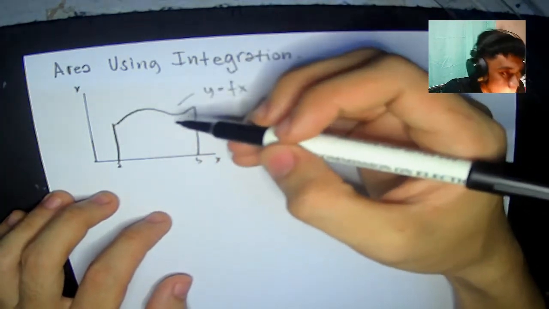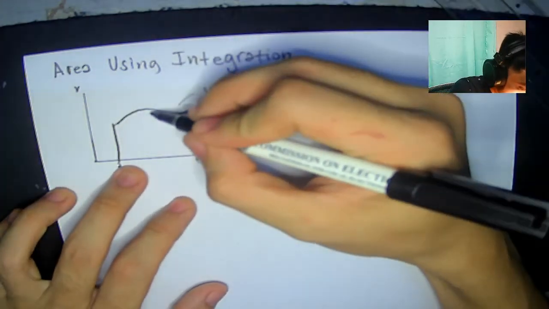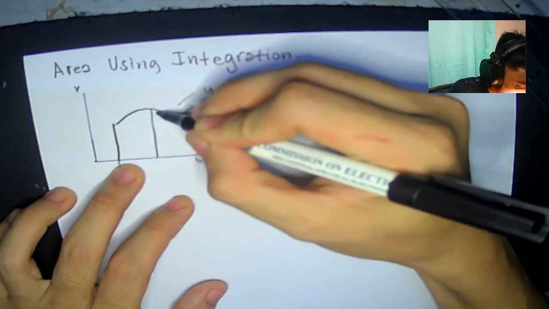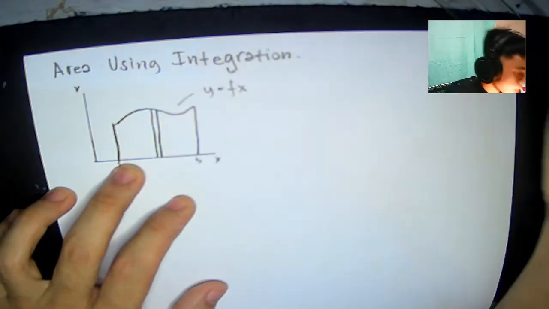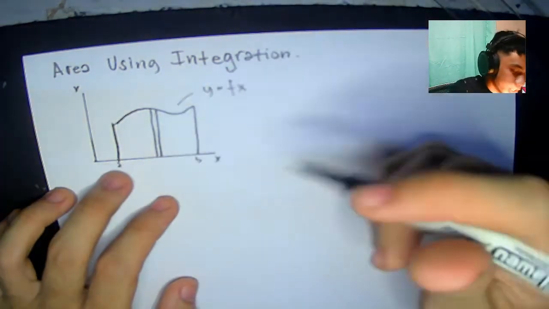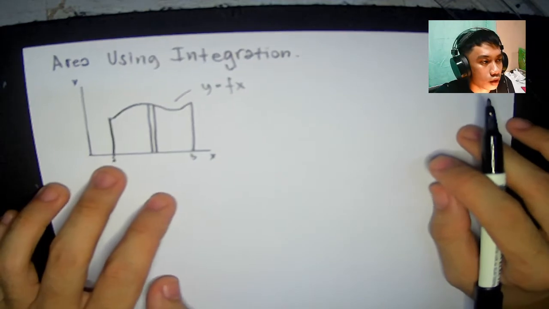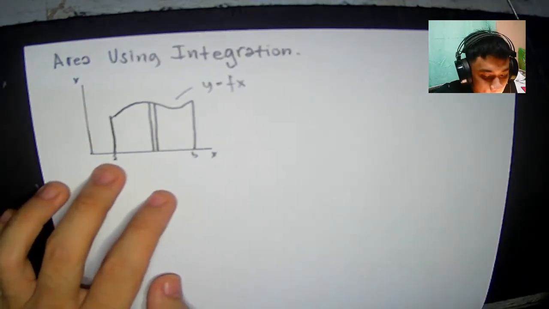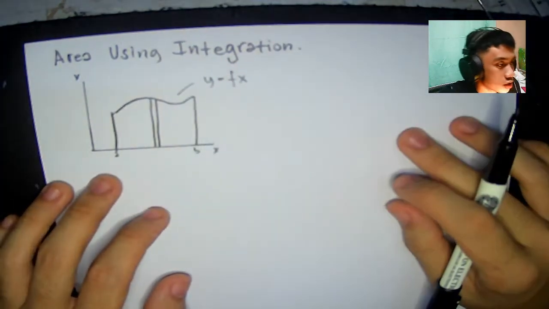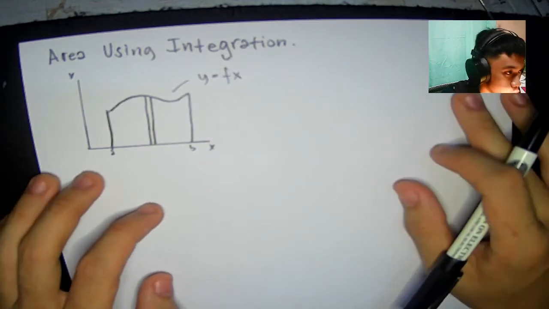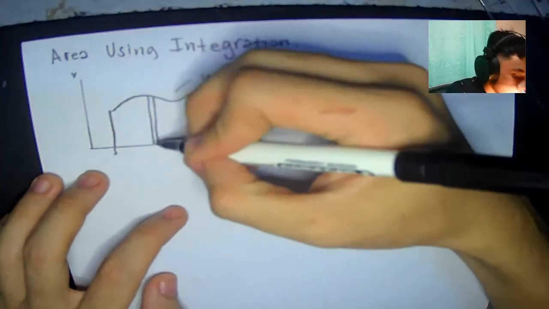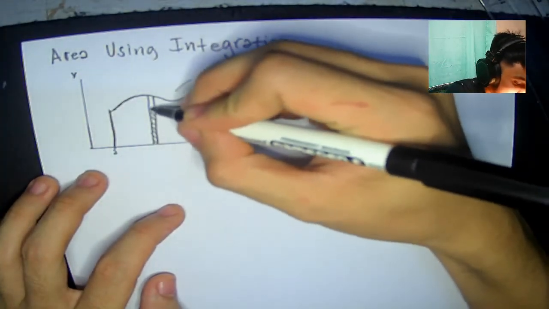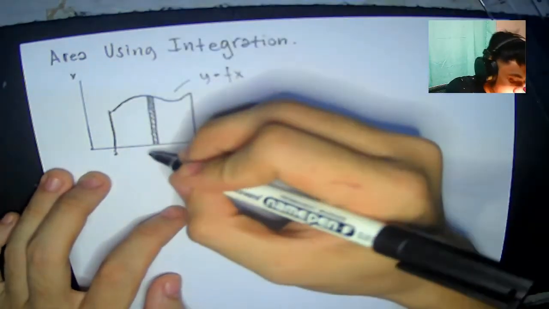So what we're going to do is take a small part of it, and that part is like the sample for all our space. So we can use integration here to solve for the area. I'll just shade this. This is called our dx.